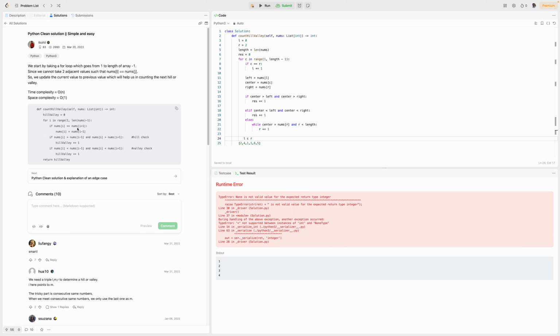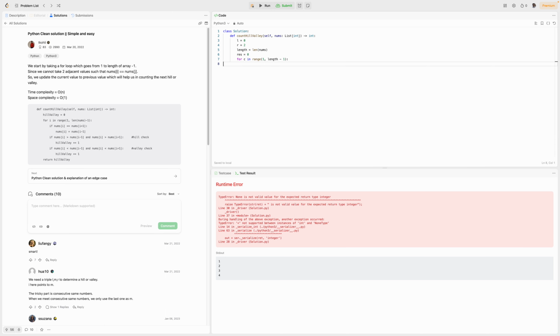If num at I is equal to num at I plus 1, num at I is equal to num at I minus 1. Oh, we carry the number over. Holy shit, that's pretty genius. Okay, so instead of doing a 2-pointer, we just carry the number over.